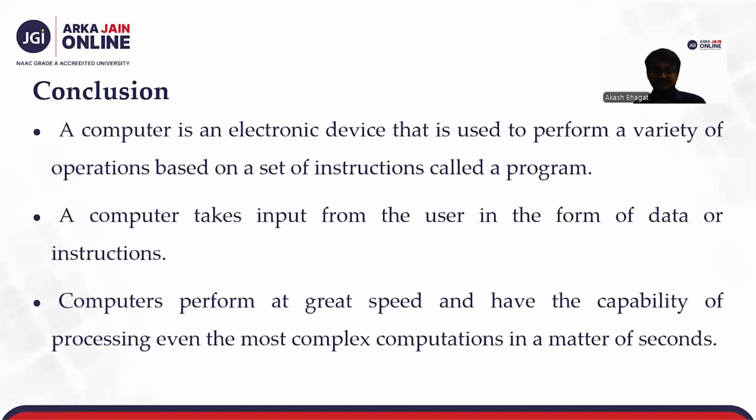I have also discussed the range of today's processors. It is in gigahertz, so 10 to the power 9 hertz. That means 10 to the power 9 instructions are executed per second. If you calculate the time period required by one processor, it will be 1 upon 10 to the power 9, so 10 to the power minus 9.